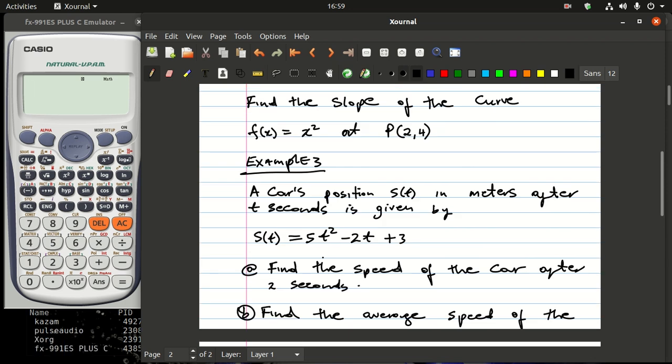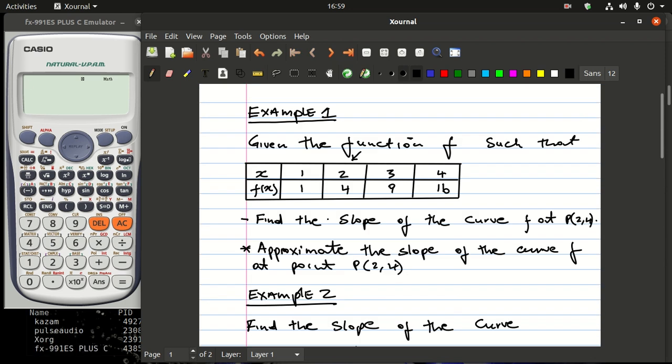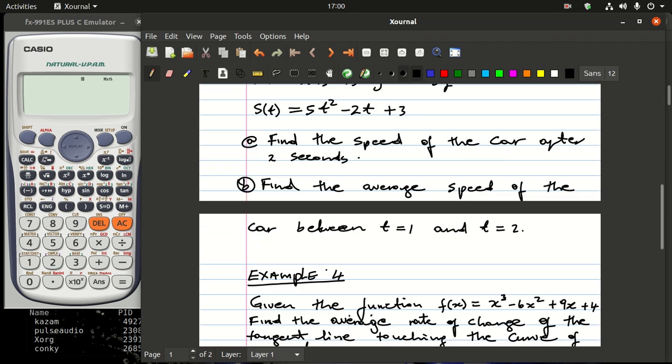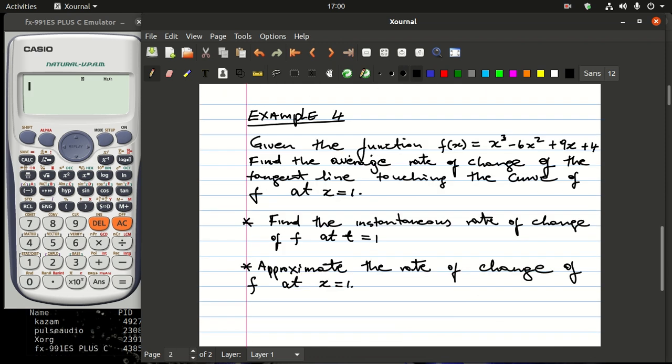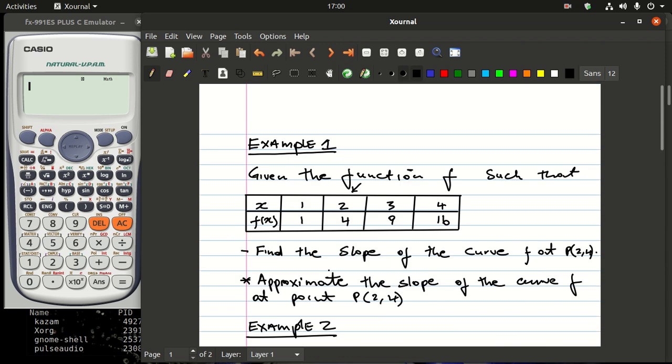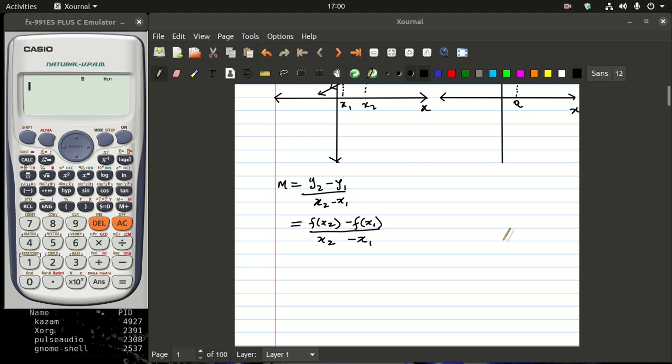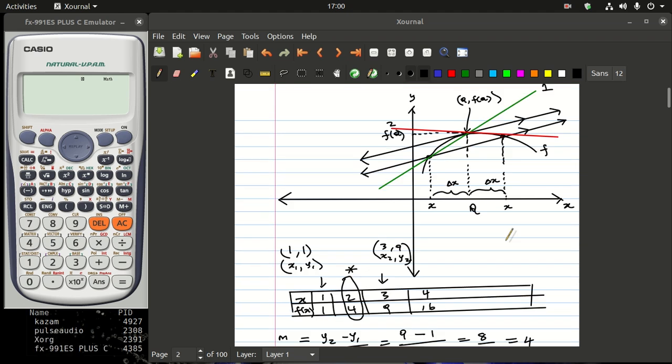Again, pause this video at this point, copy these questions, example 1, example 2, example 3, and then example 4. After you have copied them, you can continue with the video and see how we do it, or do it and then fast forward the video to the point of your interest.